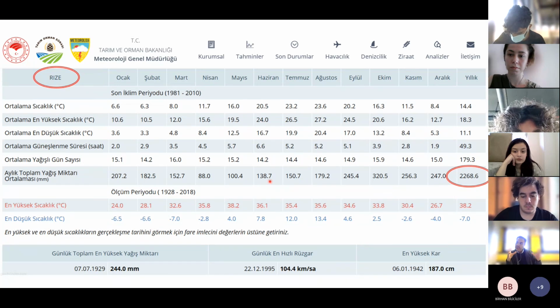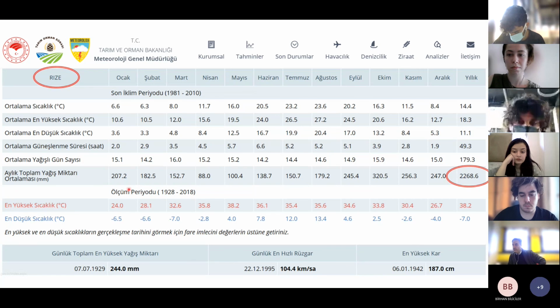Maybe in 1981 it could be 140, in 1982 135, another year 150, and so on. Anyway, over these 20 years, if you add all together, then divide by 20, you get the value for that month.